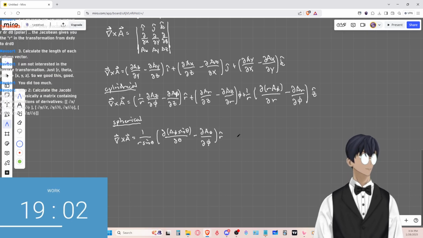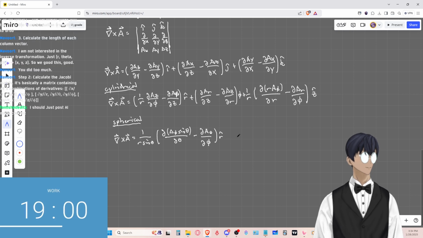Calculate the Jacobian, and it's basically the matrix containing all 9 combinations of the derivatives.